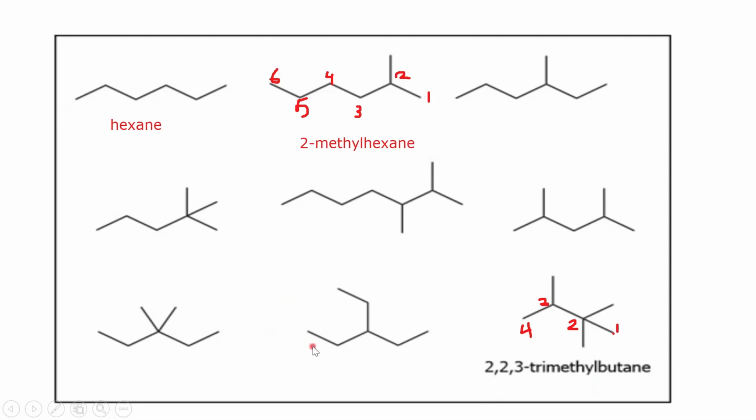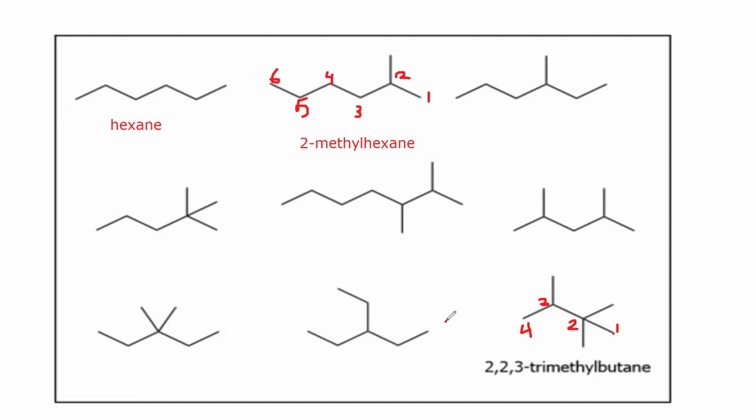This one, this is a little more complicated. Let's see how we number the backbone, the main hydrocarbon chain. If we start from here, this is 1, 2, 3, 4, 5. So the branch is on carbon 3. Let's see how we'll get if we start from the left. 1, 2, 3, 4, 5.